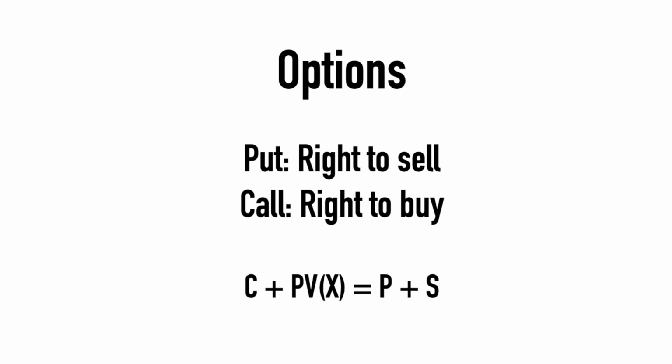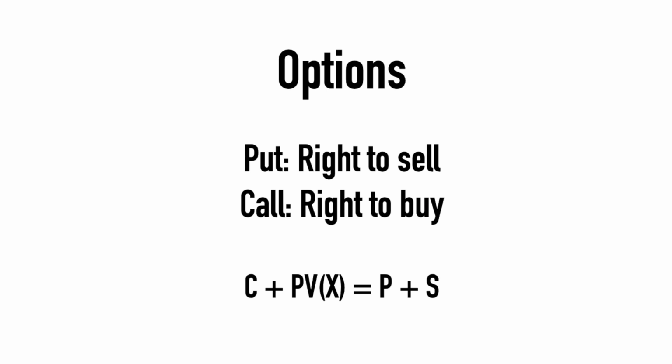So just to review, a put option gives the holder the right to sell a security at a set price, and a call option gives the holder the right to buy a security at a set price. What I have on the screen is put-call parity. And what this shows is that the premium on a call option plus the present value of the strike price on the underlying asset is equal to the premium on a put option plus the price that the underlying is trading at.